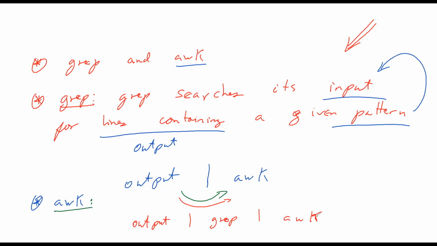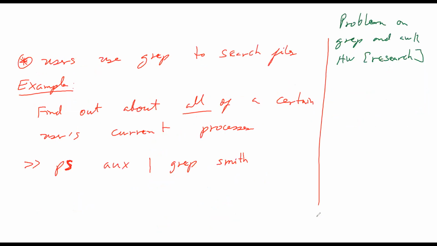Okay, so then, where are we? Going back here, we grep Smith, right? And this will give us all the lines from the processes which are associated with Smith, and now you have your output.